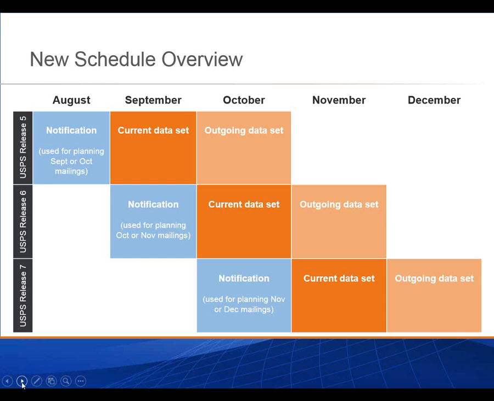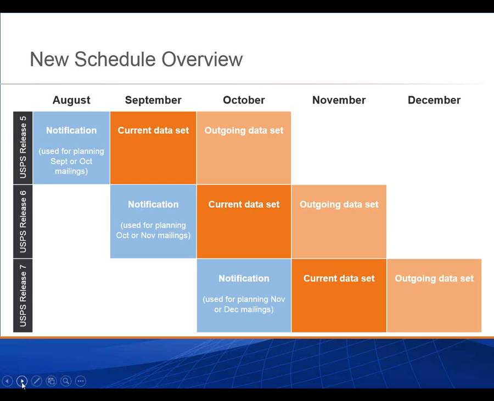So the first data set in the top row is going to be the September data. Well, the September data, you could start using September 1st, but then it officially expires on October 31st. So in the month of October, it's still valid to be using, but if you know your mail is going to be inducted after October 31st, you're not going to be able to use that label list anymore. But for the month of October, it's valid for any mailing.